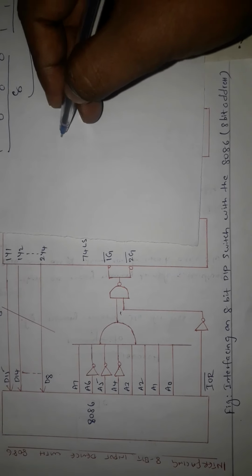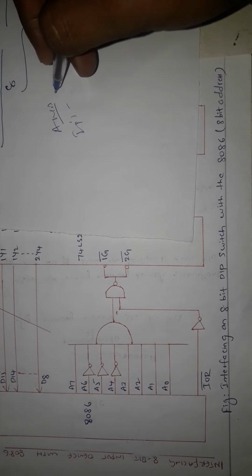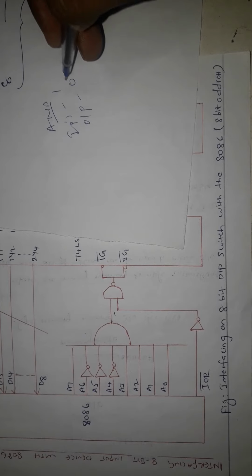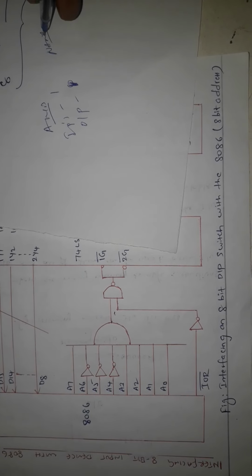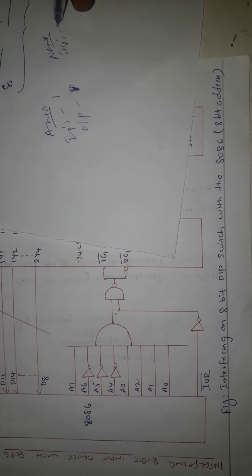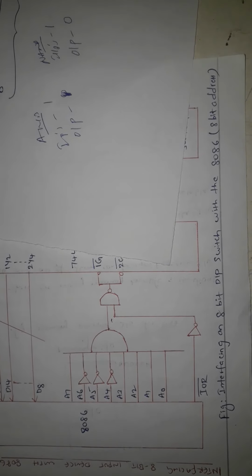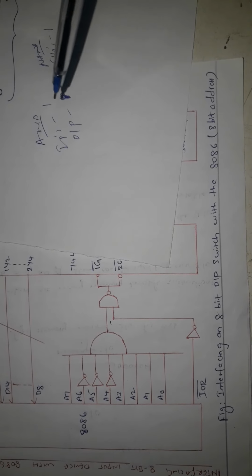For the AND gate, if all the inputs are 1, then the output is 1, whereas for the NAND gate, if all the inputs are 1, then the output is 0. Both are quite opposite.